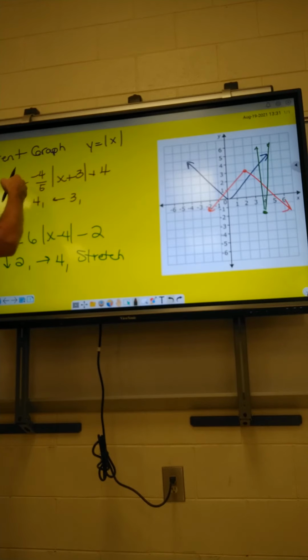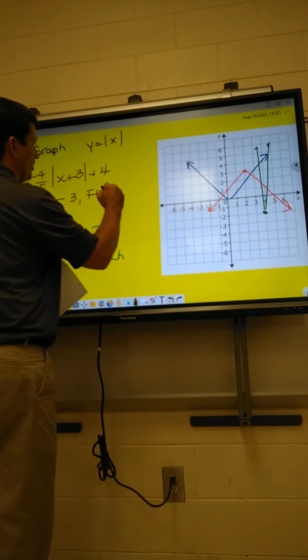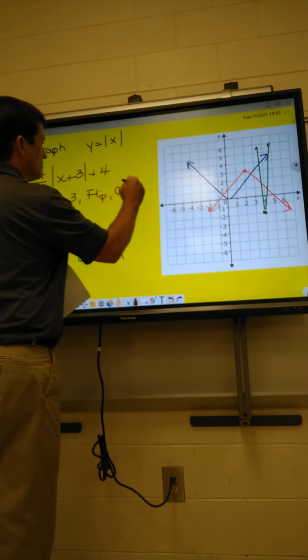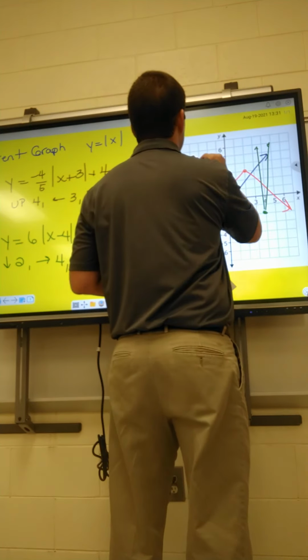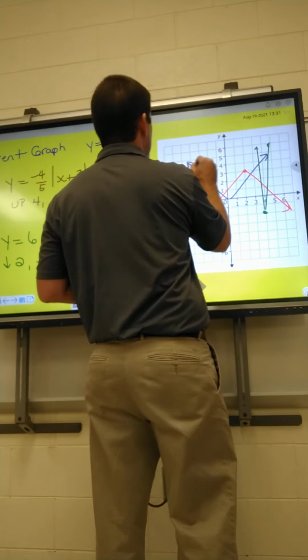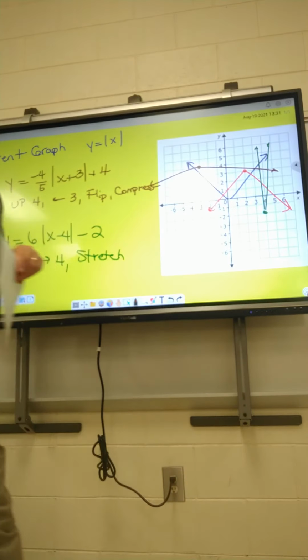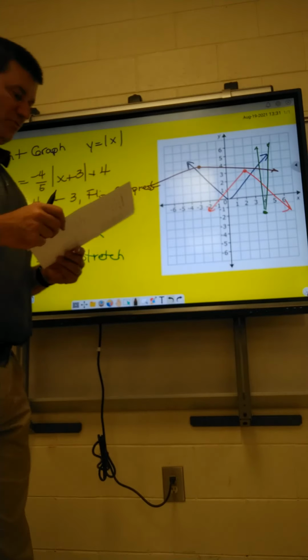I got a fraction and a minus, so it's a flip and a compress. Up 4, right 3. Flip it. When you compress it, make it really, really wide. That's 1 through 3.